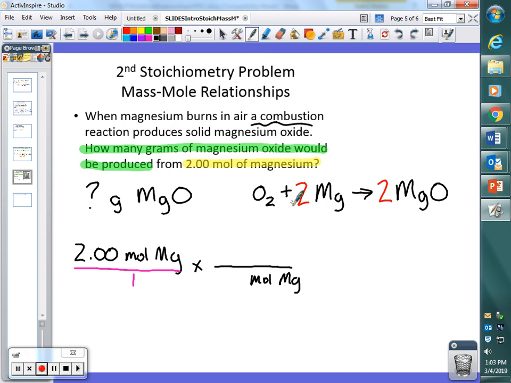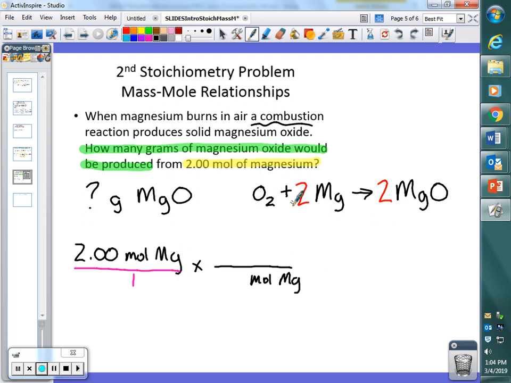We can compare one part of our reaction to another part through the mole ratio. But mole ratios have moles and moles.